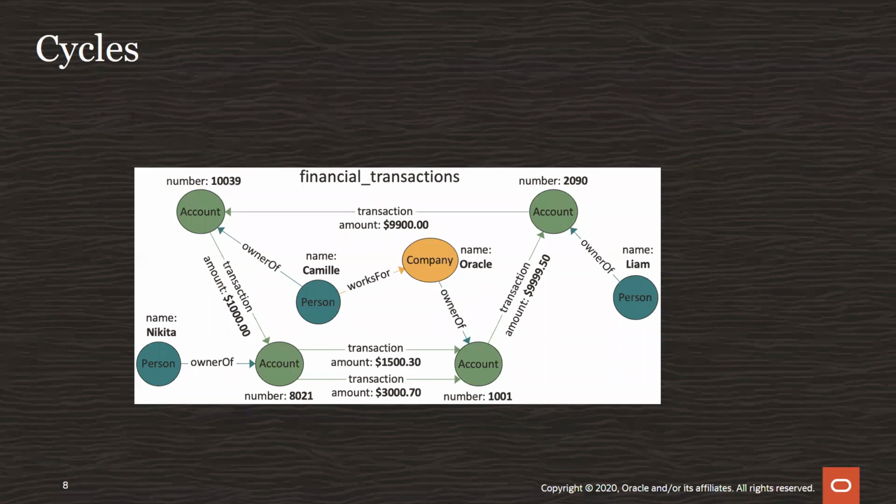Now it could be possible that Nikita will be transferring a different amount to Camille, who is the owner of account 1001, using a different account, or the account 10039 may be making a different financial transaction to 8021 through a different account as well.